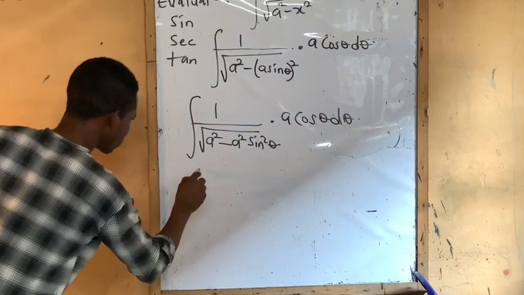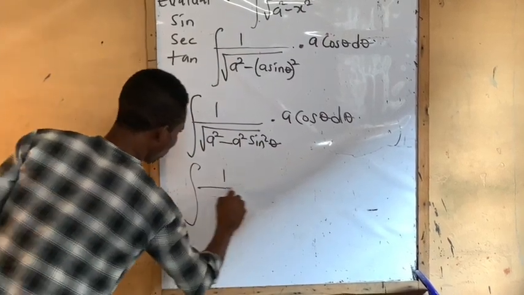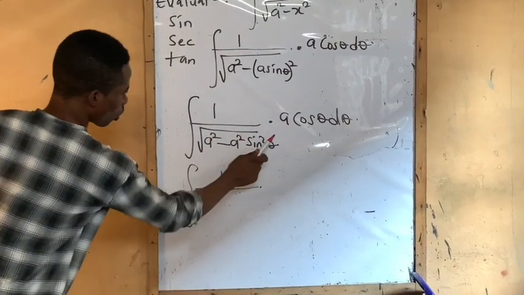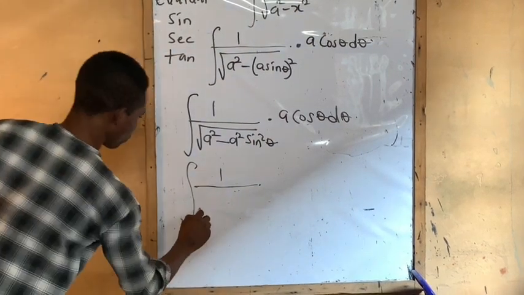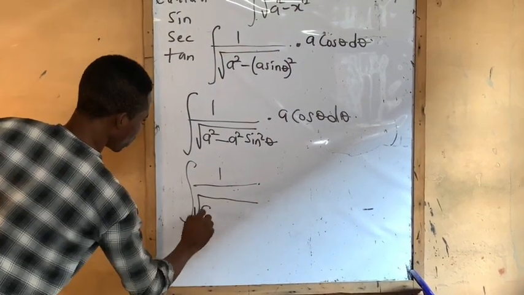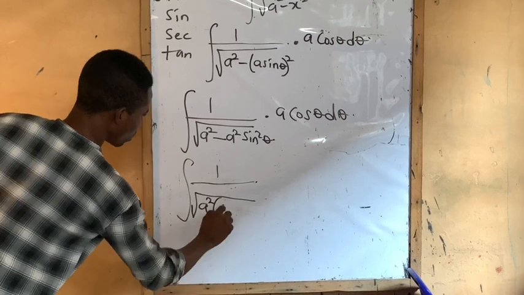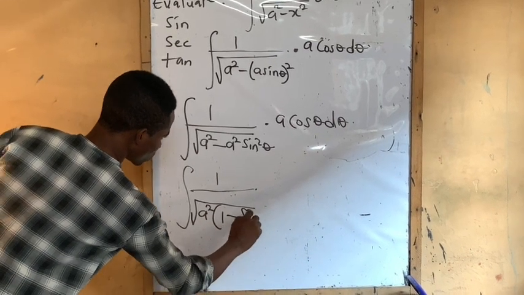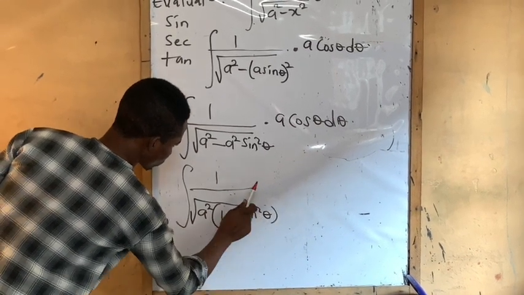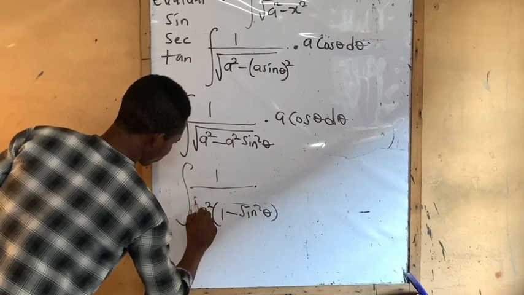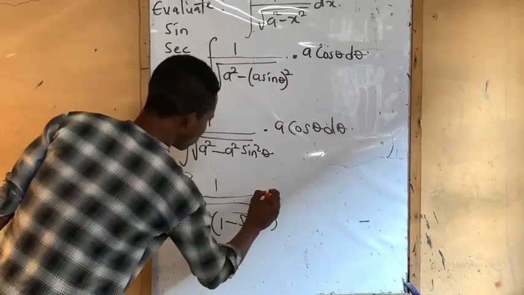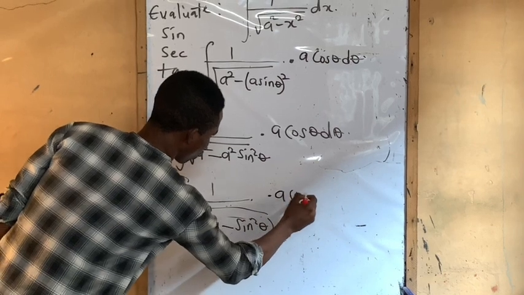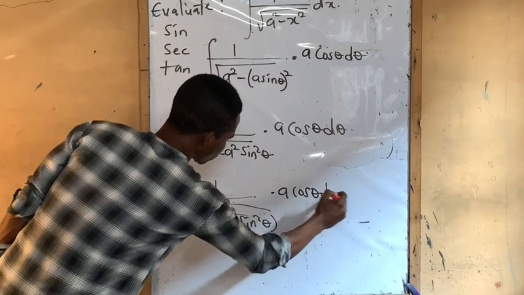That means we have integral of 1 all over, a squared is common to both terms, so you factorize for a squared into bracket 1 minus sine squared theta, multiplied by a cos theta d theta.